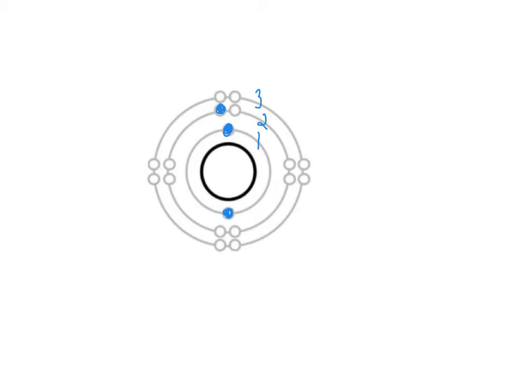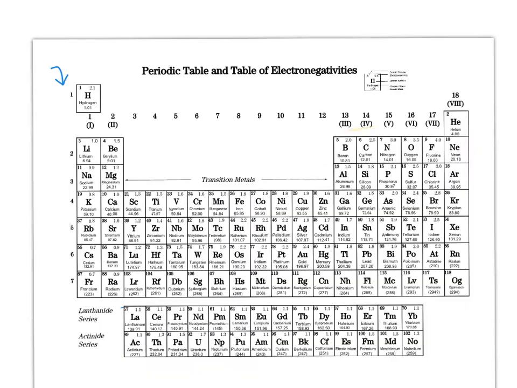It's 3 electrons, so that means the atomic number is 3, and the atomic number identifies which element it is. So the atomic number of 3 is right here, so we know it's lithium. So the periodic table can help you fill in your Bohr diagrams. Anything on the first row is in the first ring. Anything on the second row or second period is on the second ring in a Bohr diagram or second energy level.